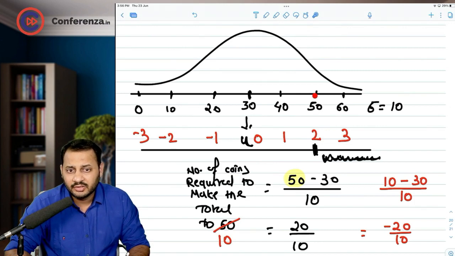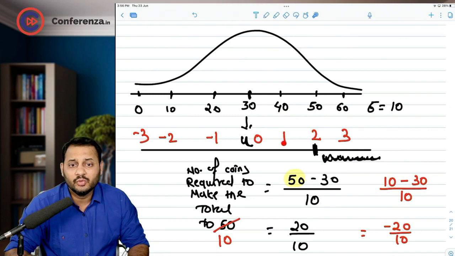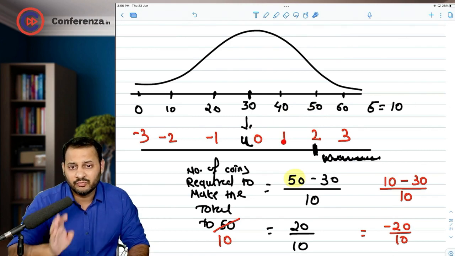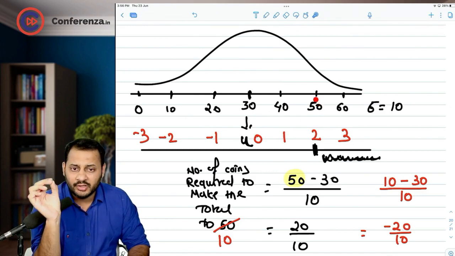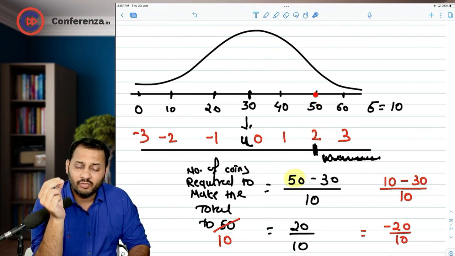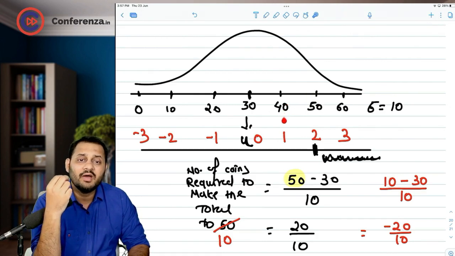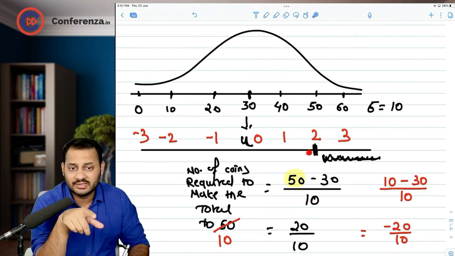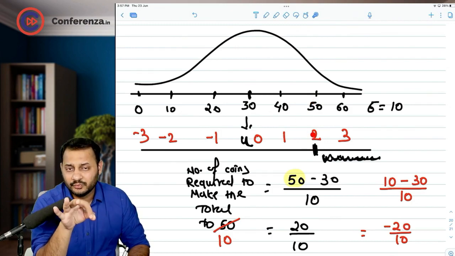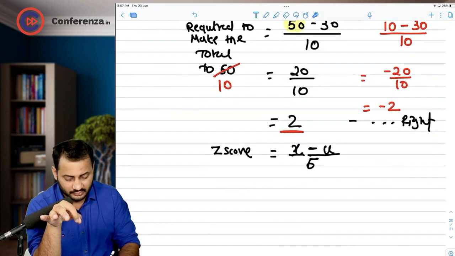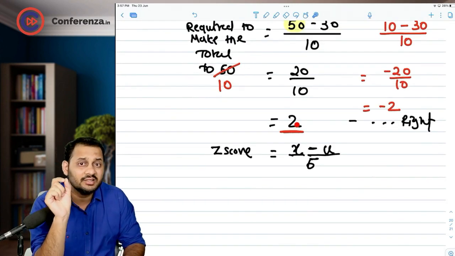In the Z table, you will not have figures like 40, 50, 60. So for any question asked in the exam, you will have to first convert that diagram into the basic and standard diagram of 1, 2, 3 standard deviations. Now if we want at least 50, what is the equivalent z-score value of that in this diagram? For 50, 2 is the equivalent z-score value.